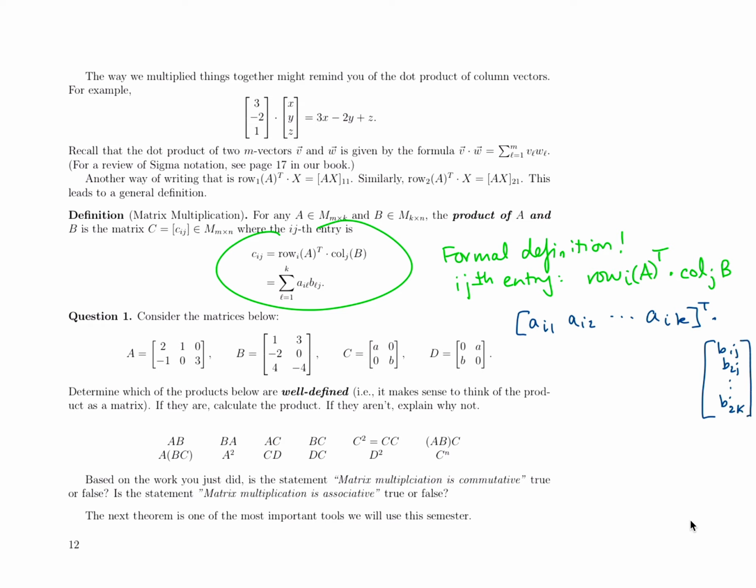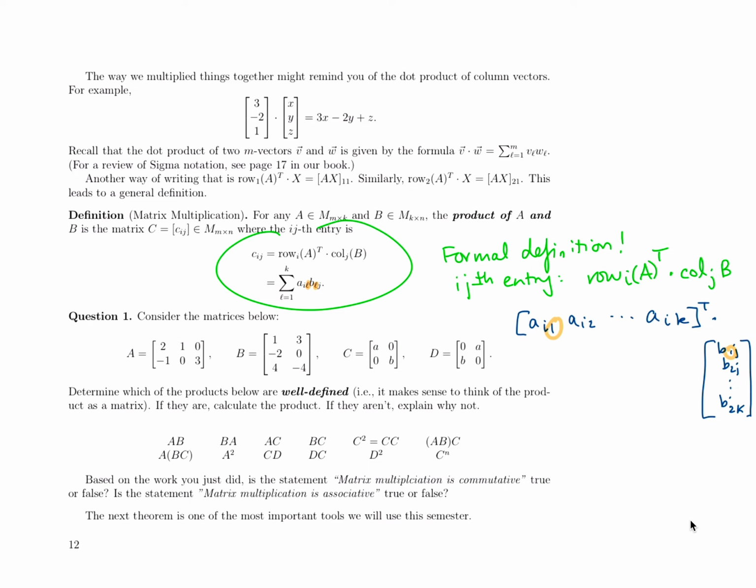I said that B had K rows, so they match up, right? That's why the number of columns of A and the number of rows of B have to match up, so we can actually dot vectors of the same size. And the way that I know which entries are getting multiplied is that A_i1 is the first entry of the ith row of A, and B_1j is the first entry of the jth column of B. And so that's why in this summation I've got these indices that match up.